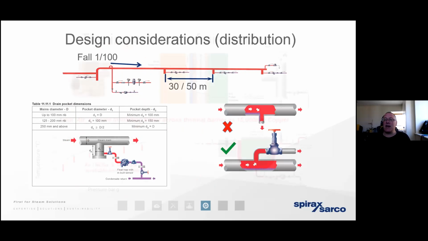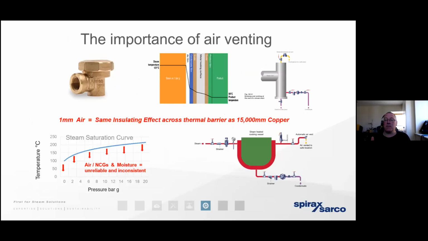We mentioned venting air. We want to vent air away from the steam network using a thermostatic air vent, because we know that if we've got a significant presence of air, we can no longer rely on that pressure temperature relationship. And we also know that a trapped film of air at the process is likely to result in a significant slowdown.